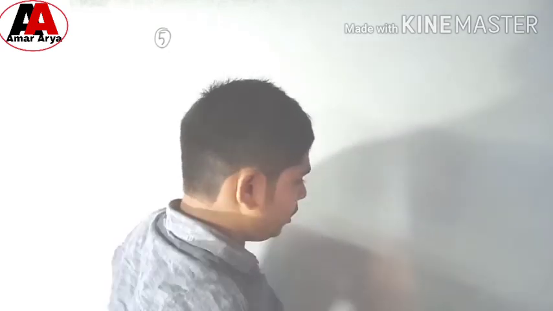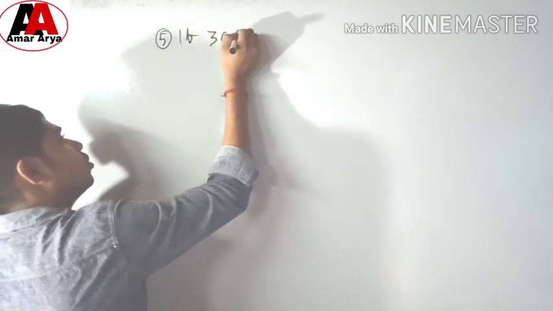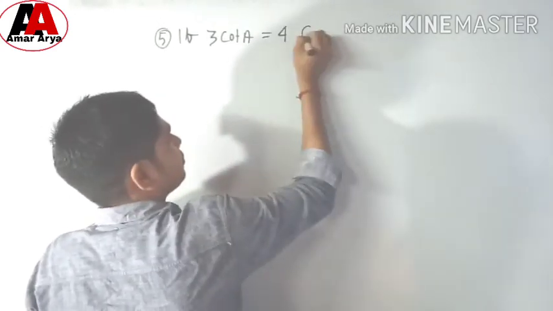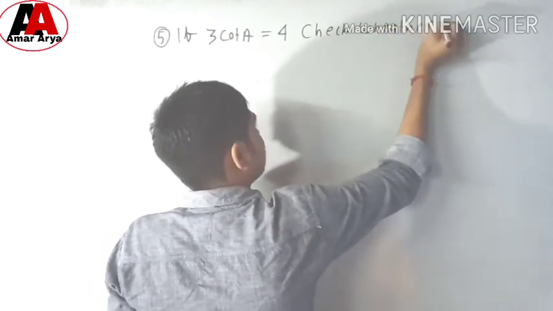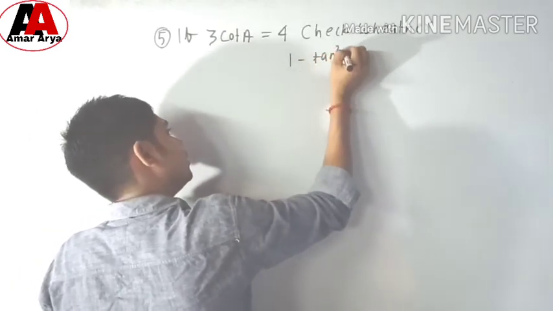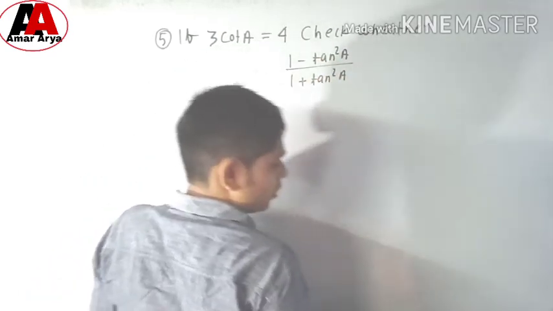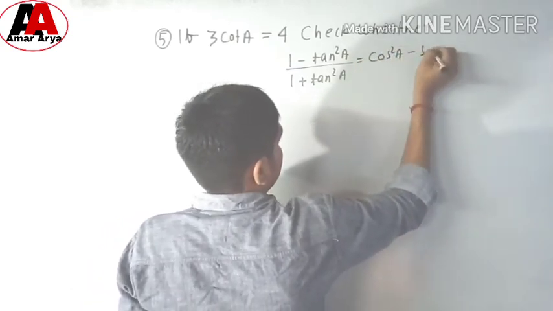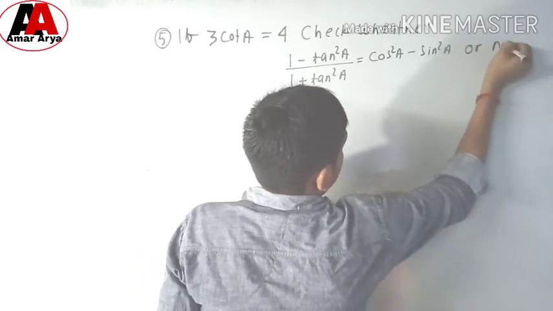If 3 cot A equals 4, check whether (1 minus tan square A) divided by (1 plus tan square A) equals cos square A minus sin square A or not. Okay, so you need to verify it.